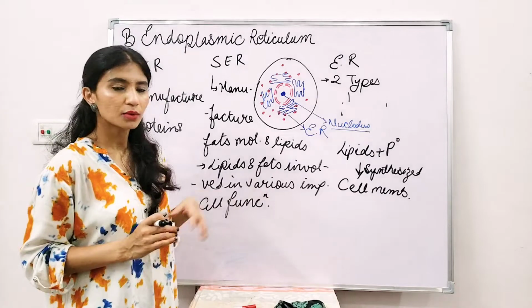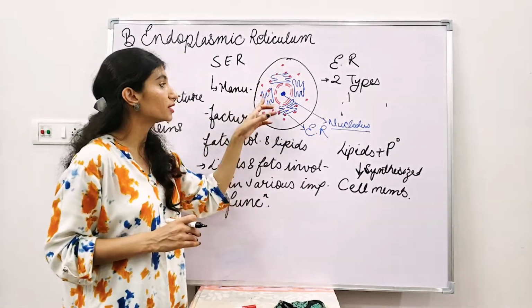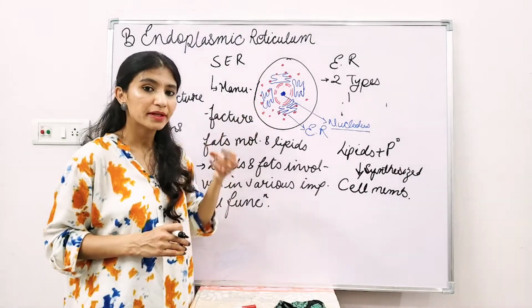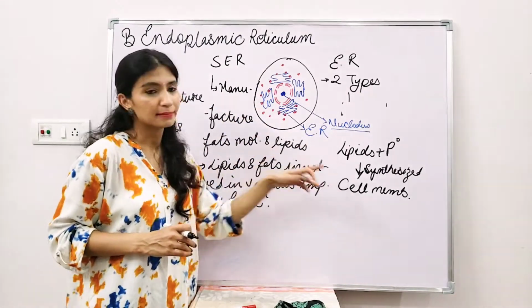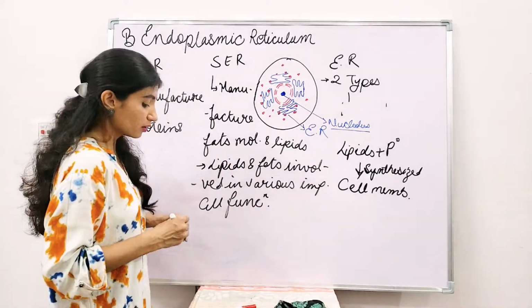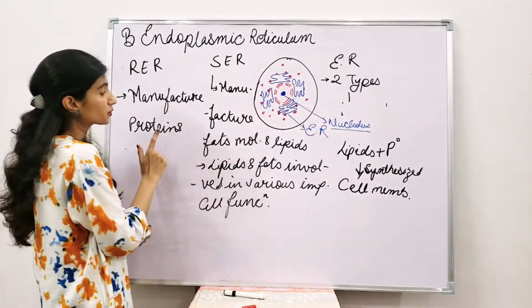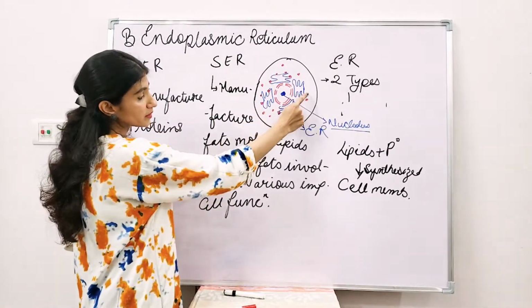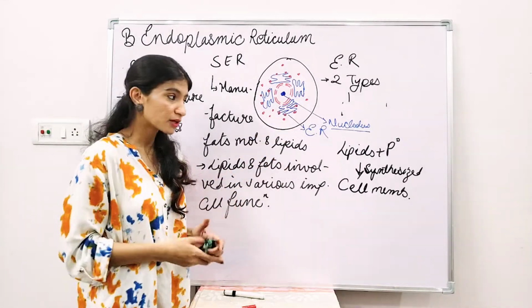One very important thing to understand here is that the membrane of the endoplasmic reticulum is exactly similar to the cell membrane. They both have a similar structure, that is the bilipid phosphate layer. So far we have discussed that the rough endoplasmic reticulum produces protein, whereas the smooth endoplasmic reticulum produces the fat and lipid molecules involved in various cellular functions.